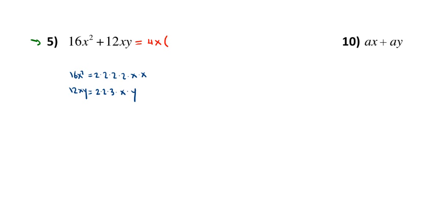What do they have in common? They have a 2, another 2, so that is 2 times 2, 4. And they also have an x in common. So the GCF is 4x. That is what goes there.